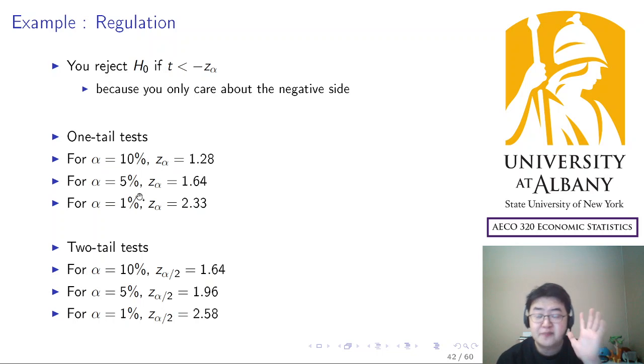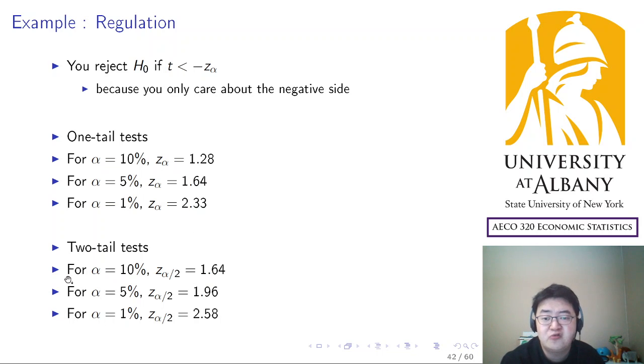When you use the 5% significance level, it only rejects the bottom 5% or top 5% on one side. So in that sense, the one-tail test at 5% has the same threshold as the two-tail test at 10%, because it's about the top 5% or bottom 5%.